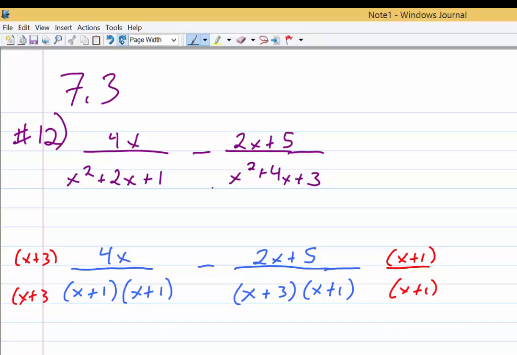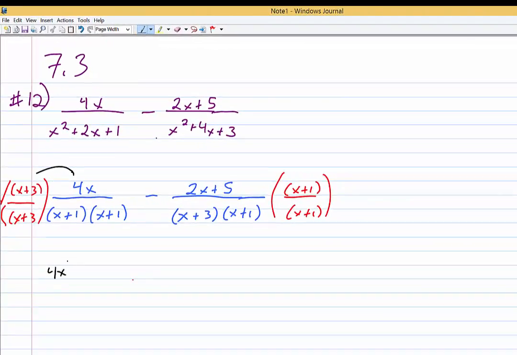When I multiply those out, remember that (x plus 1) over (x plus 1) is nothing more than a fancy form of 1, and (x plus 3) over (x plus 3) is too. Distributing through, that gives me 4x squared plus 12x over (x plus 3)(x plus 1)(x plus 1).